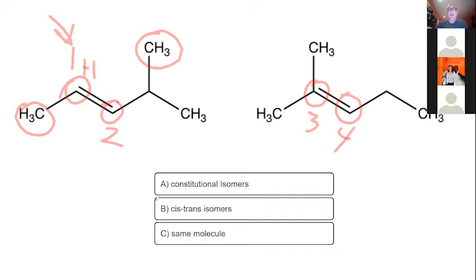So let's look at groups 3 and 4 over here. Does either one of them have a methyl group coming off of it? Yeah, 3. Just one? Doesn't both of them?